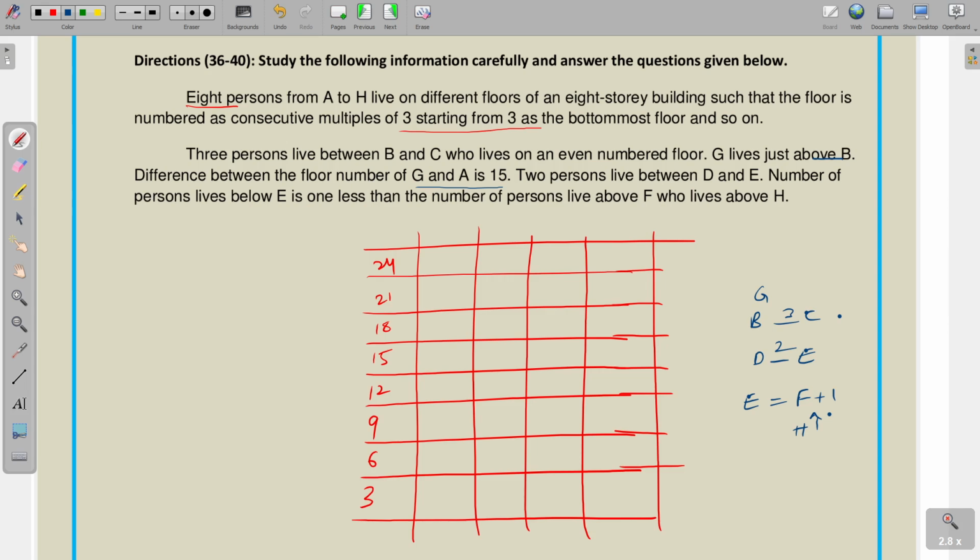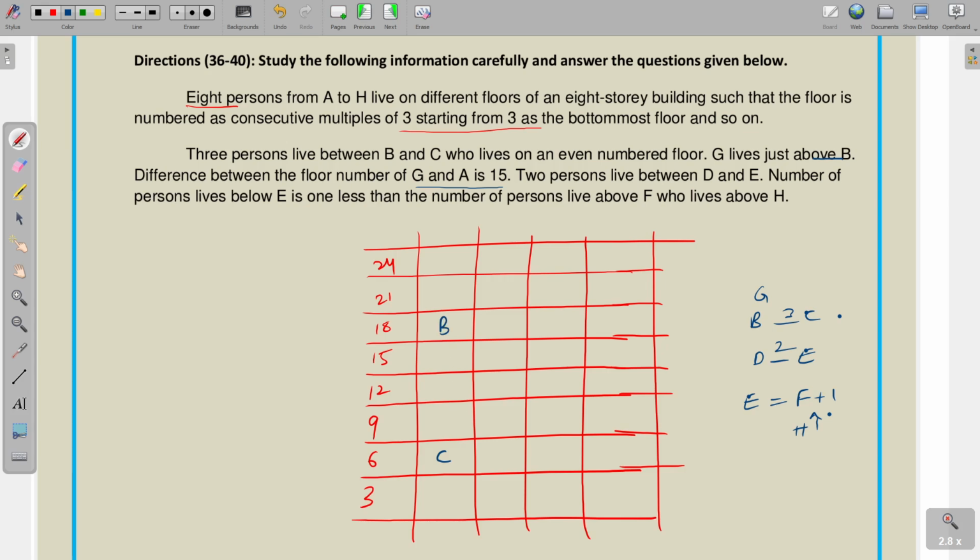So see, what are the possibilities from the first point? Three persons live between B and C, who lives on an even numbered floor. Suppose C is placed here, C is an even numbered floor, so 1, 2 and 3.